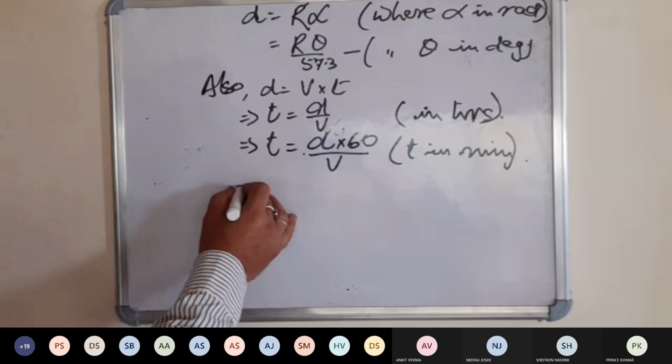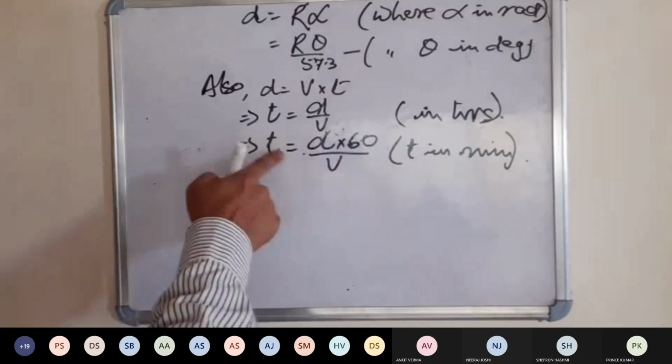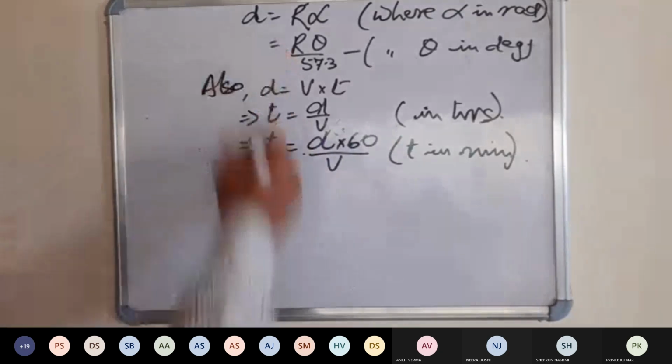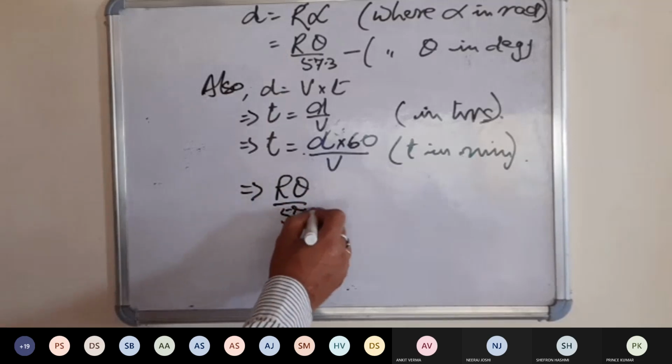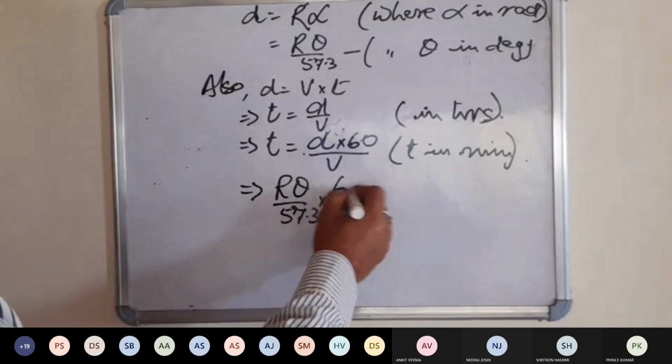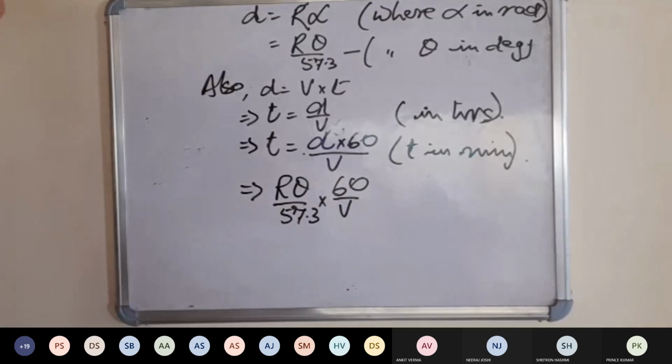So this further gives, putting the value of D here, this is equal to R theta by 57.3 into 60 by V. Is that okay?